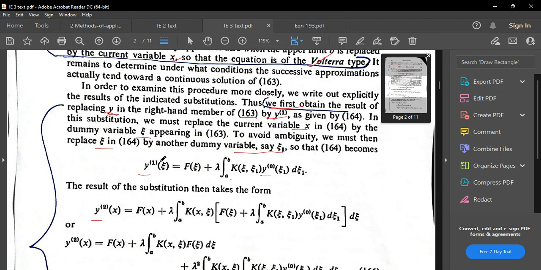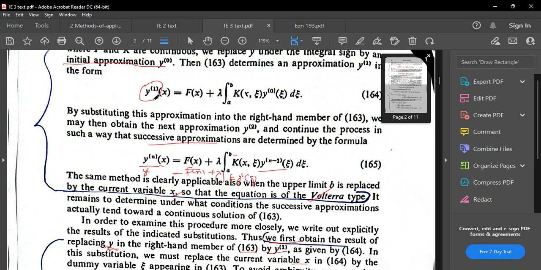So y1 of x we have computed here, and we replace x by psi. So f of psi will be here, and here also psi, and here also psi appears. So x and psi are independent variables and they are not related. So we replace this psi by another variable psi1, and this is also psi1 d psi1.